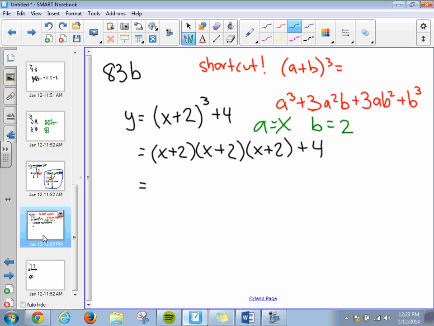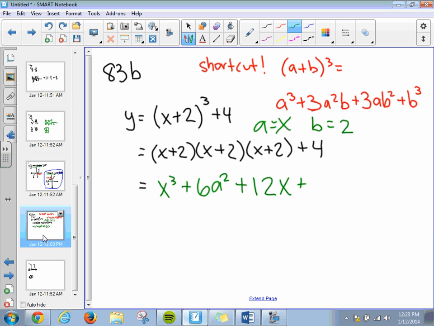So we will have x to the third is just x to the third. Then we do 3 times a squared times b, which is the same thing. Remember that b is going to be a 2, so we'll have a 6 as a coefficient, a squared, plus 3 times a times b squared. b squared is going to be 2 squared, which is 4. 4 times 3 is 12, and then we're still left with our x.